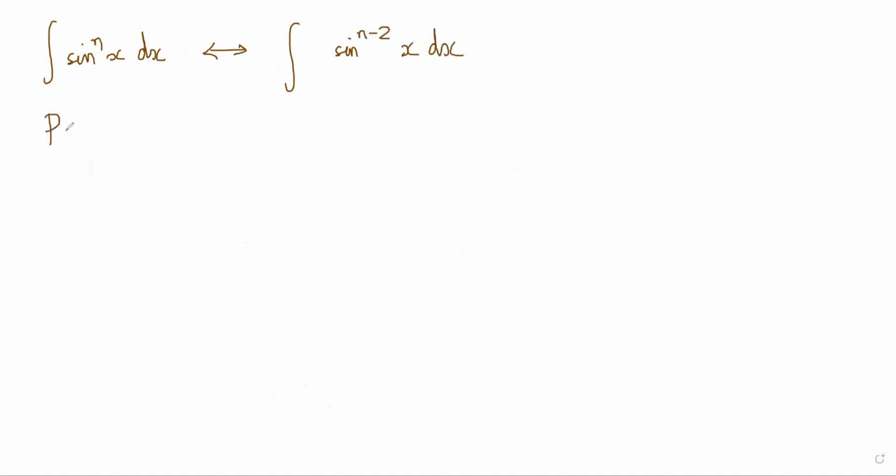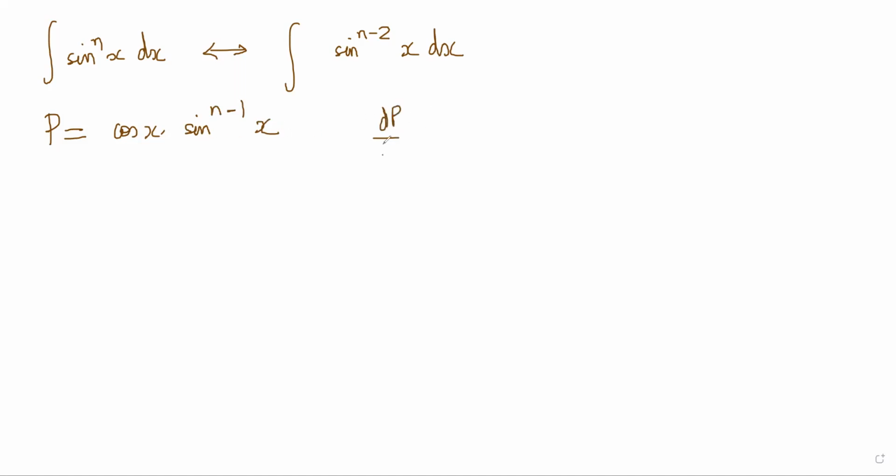So let's construct our P. We'll imagine that there are two factors, sine and cos. Cos is basically 0 power in both. So we'll create cos, 0 plus 1, the lowest power plus 1. So cos x, and this is sine of (n minus 2) plus 1, so sine (n minus 1)x. This is our P here.